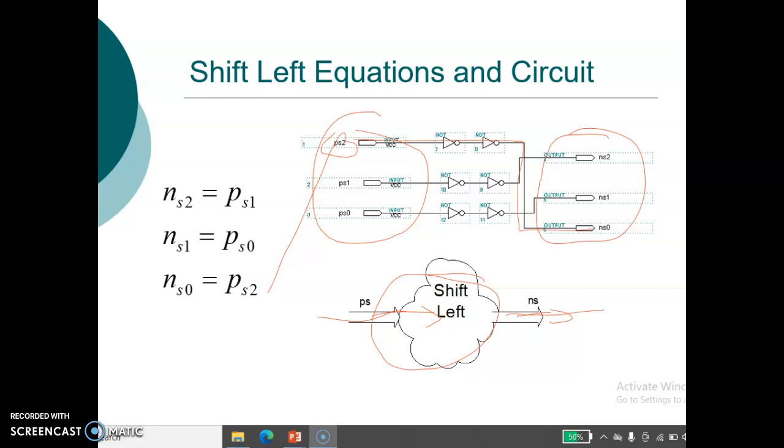So NS0. Then PS1 to NS2, PS1. Then PS0, this one is given to this.